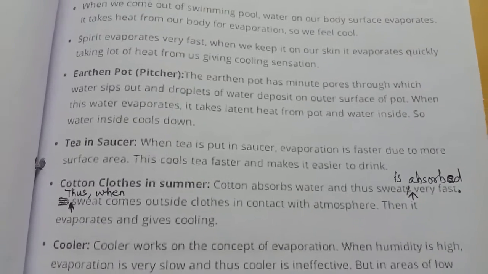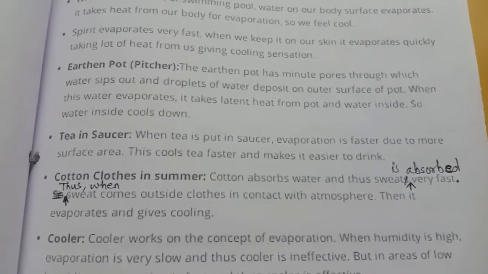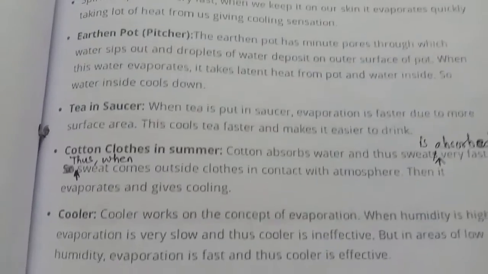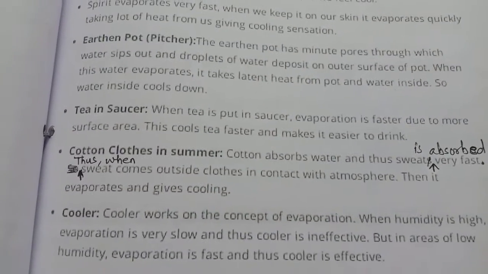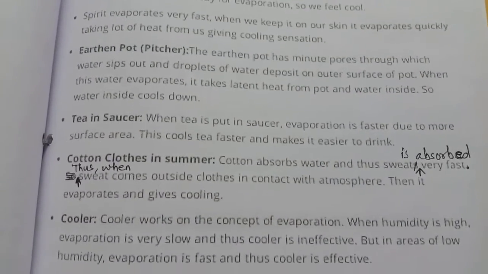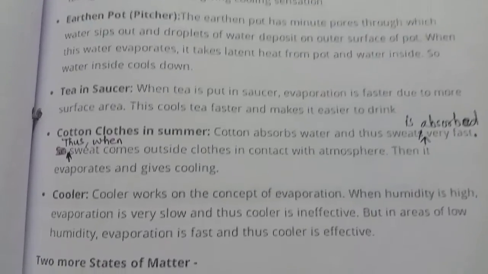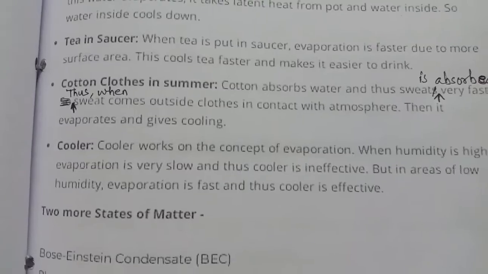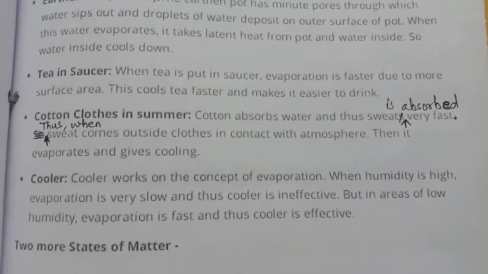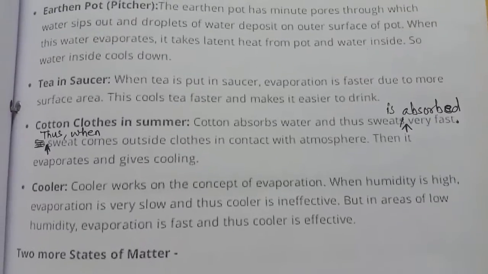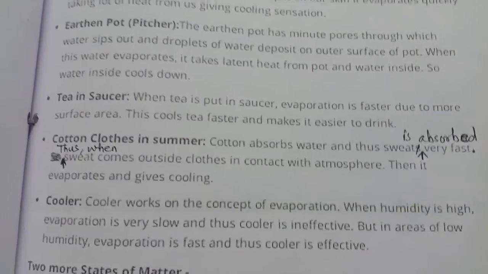So the area becomes cool and we feel coolness because of the sprinkling of water. These were a few examples which help us to remain cool because of evaporation. You can even find many other examples and jot them down in your notebook.